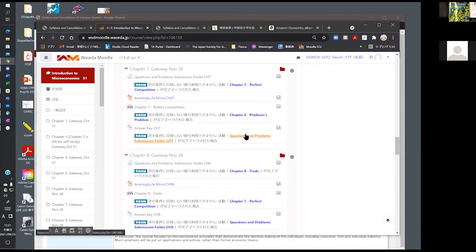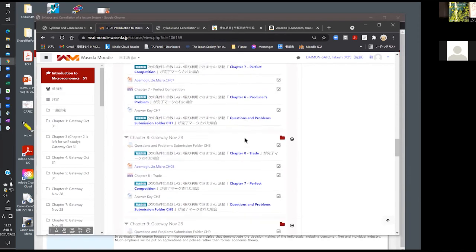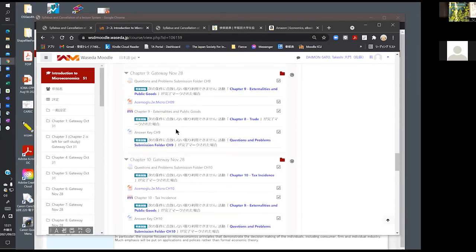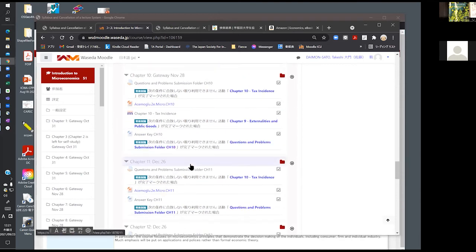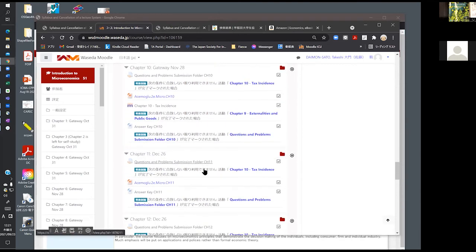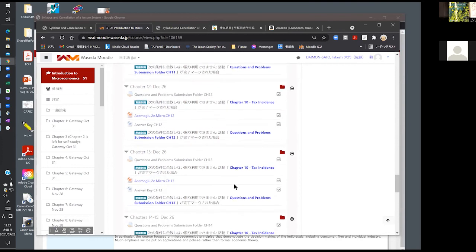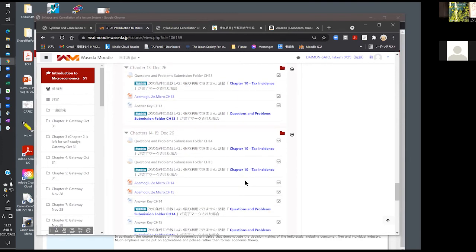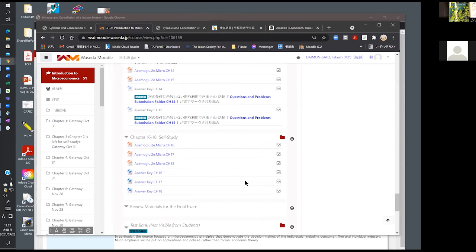So this is one gateway, and the second is up to chapter 10. I will do the same thing, and then at the end of the year, December, you'll finish chapter 15.